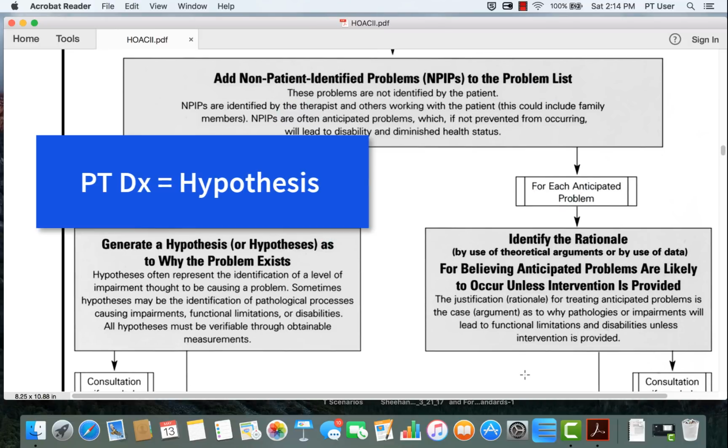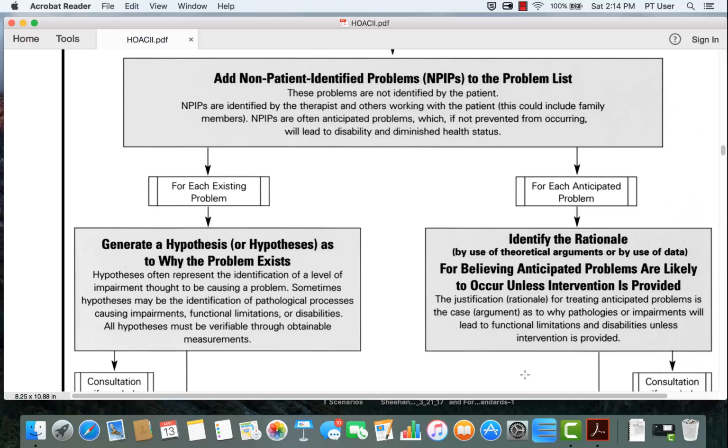Okay. Now you notice the next sentence in this box. Sometimes hypotheses may be the identification of pathological processes causing impairments, functional limitations, or disabilities. Okay.